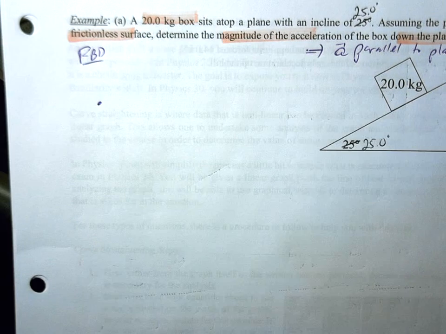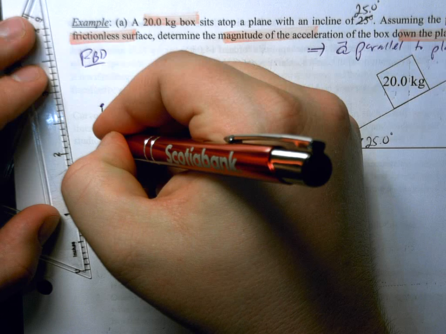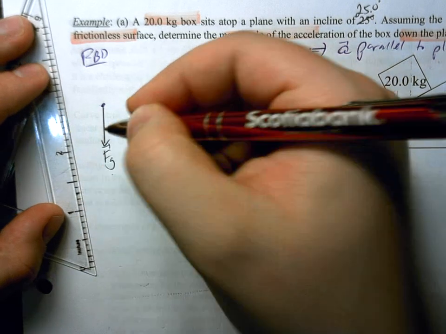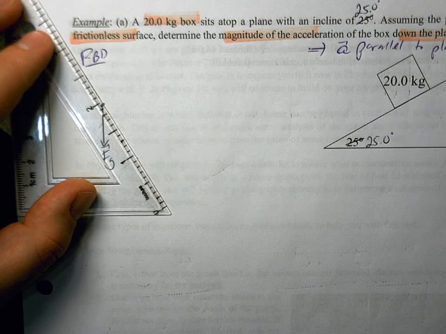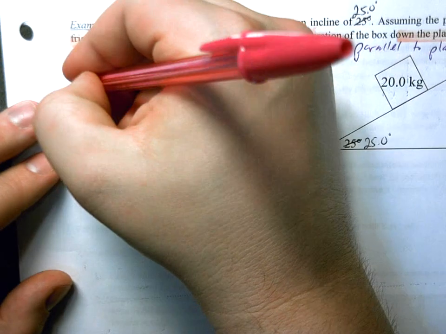So my free body diagram, FG is still always going down. I'm going to have that normal force acting, well, normal or 90 degrees to the surface. So here's my FN.